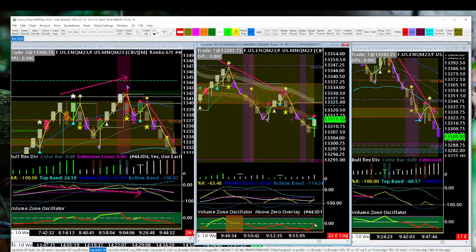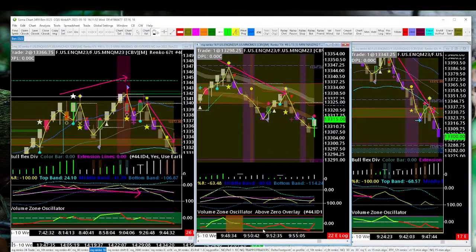But we did not get over the zero line yet on the VZO, and this is definitely not bullish, right? And then the MA itself, the white MA, is also making lower lows, which is usually a sign it's not ready yet. And the yellow just bottomed out, so you don't really know.